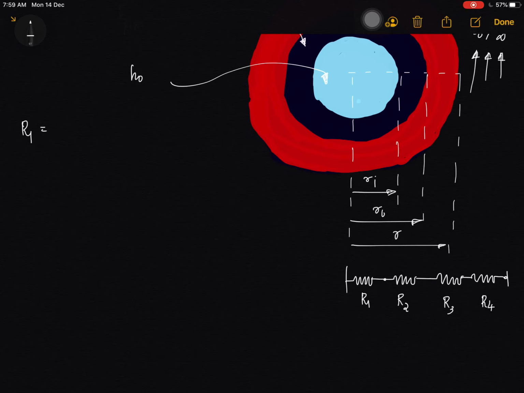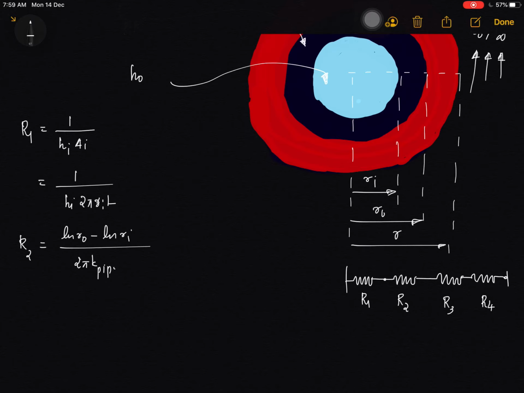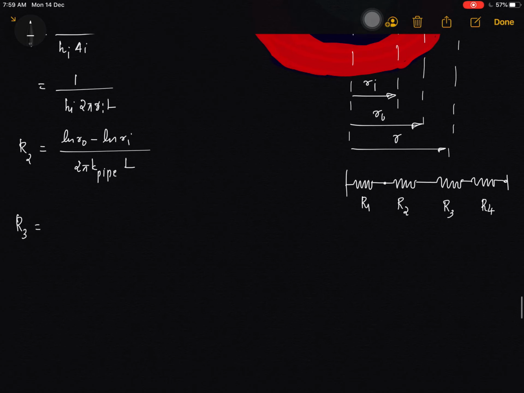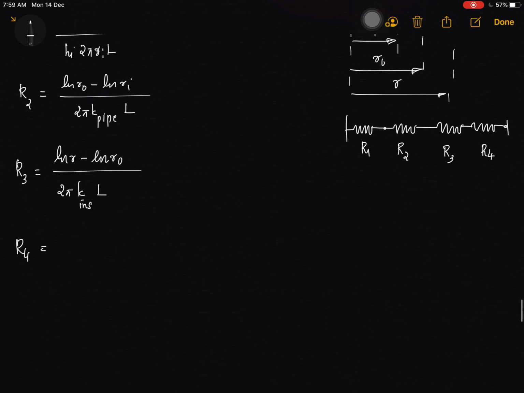R1 is a convective thermal resistance which can be written as 1 by Hi into Ai, which is equal to 1 by Hi into 2 pi Ri into L. R2 is due to the pipe, so R2 will be equal to ln Ro minus ln Ri by 2 pi K pipe into L. L is the length perpendicular to this page, and R3 is the conductive resistance due to the insulation material, which will be equal to ln R minus ln Ro by 2 pi K insulation into L.